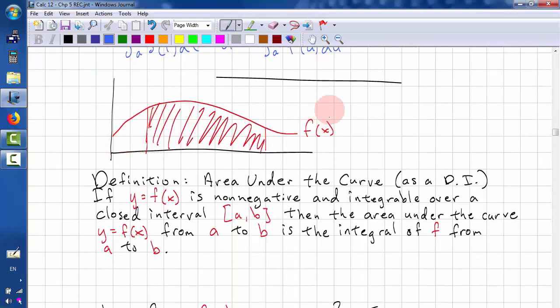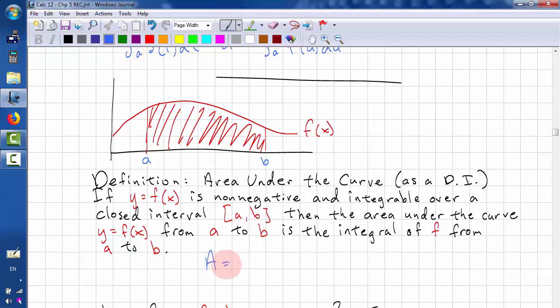Okay, so we have a function, we have a point A, we have a point B. Definition, area under the curve as a definite integral. Okay, so if y equals f of x is non-negative and integrable over a closed interval a to b, then the area under the curve of y equals f of x from a to b is the integral of f from a to b.